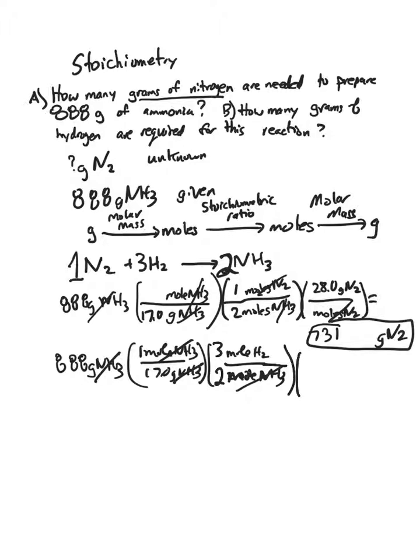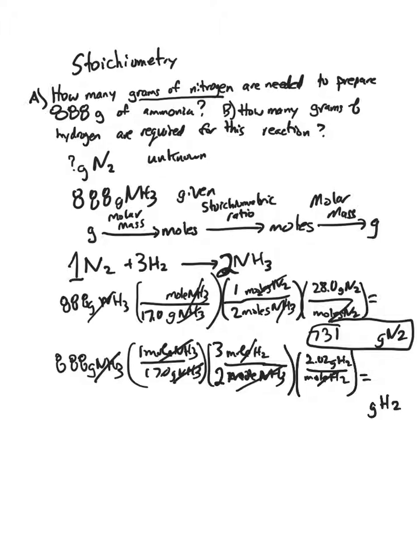And then we want to cancel out my moles of hydrogen and get grams of hydrogen, so we're going to use a molar mass of H2, which would be 2.02 grams. And that'll give us grams of hydrogen, moles hydrogen divided by moles hydrogen.